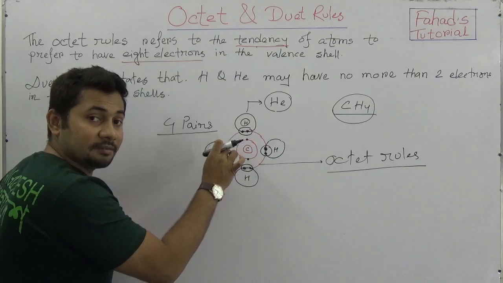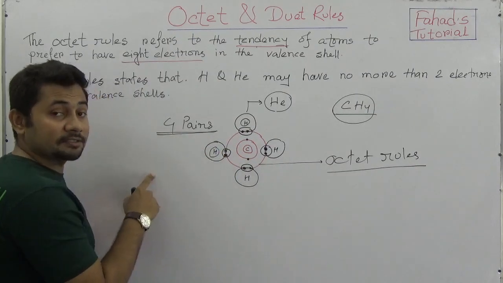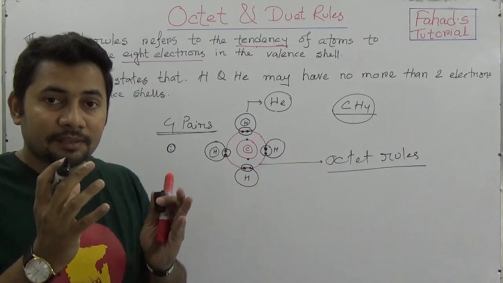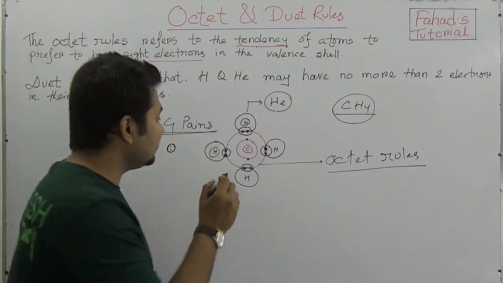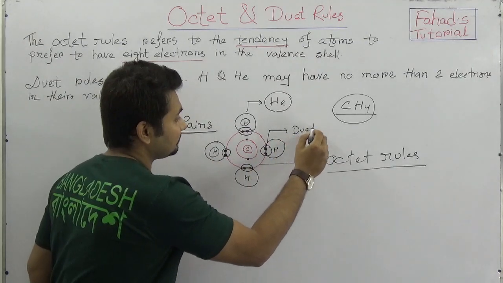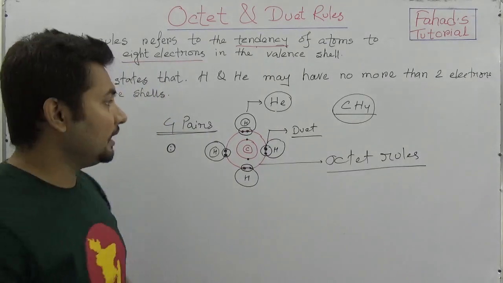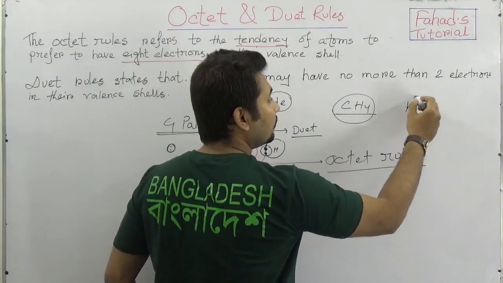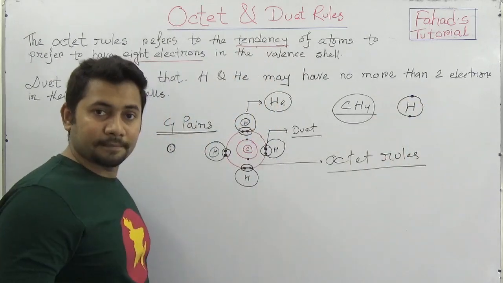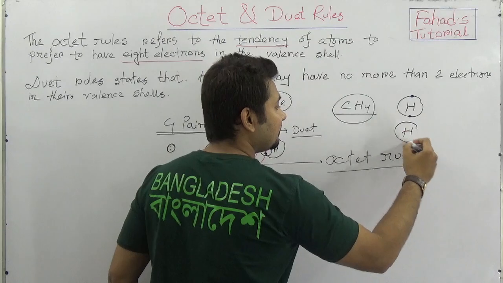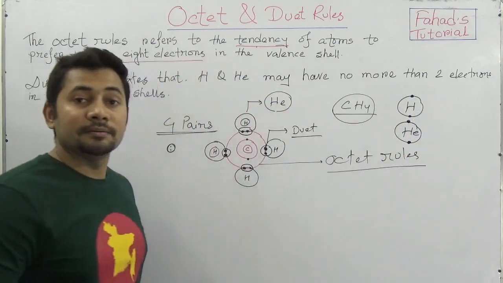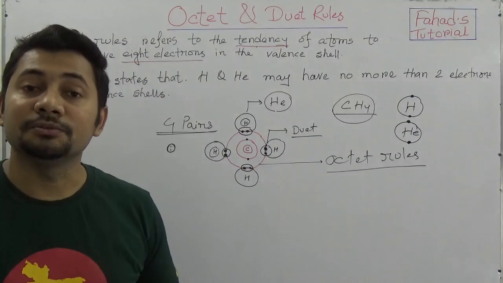As electrons tend to exist as pairs, these pairs are called the duet rule. Hydrogen will have no more than 2 electrons in its valence shell, and helium has its own 2 electrons in its valence shell, so both show the duet rule.